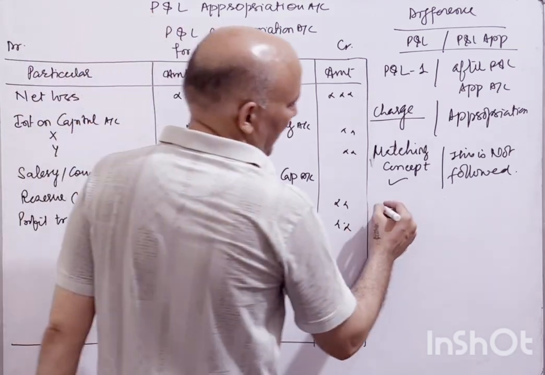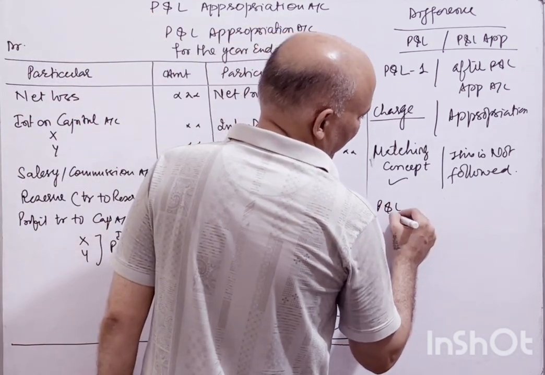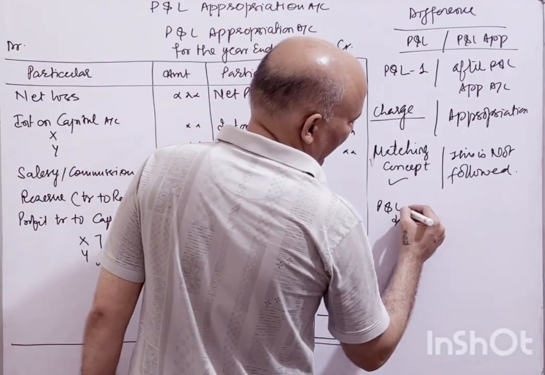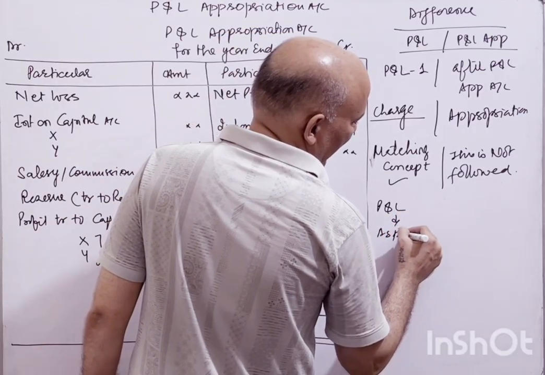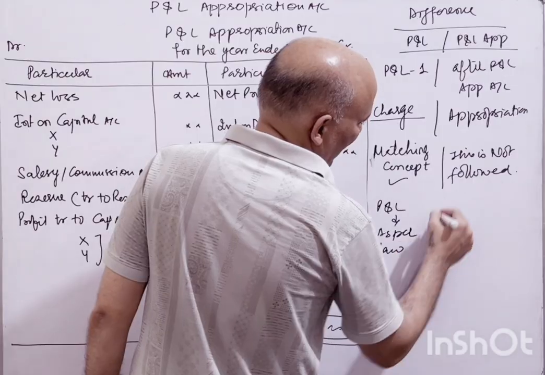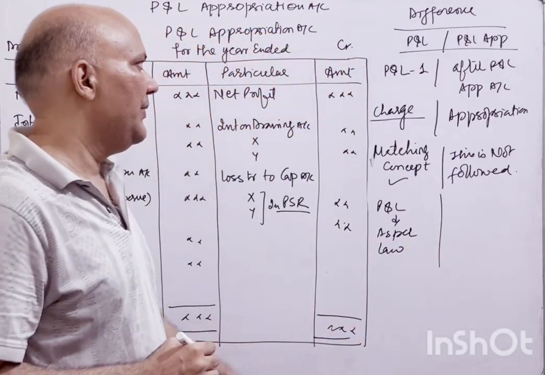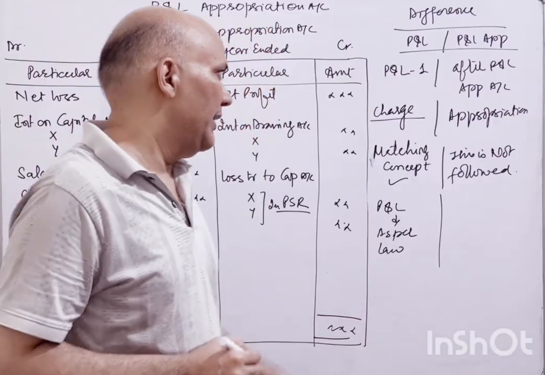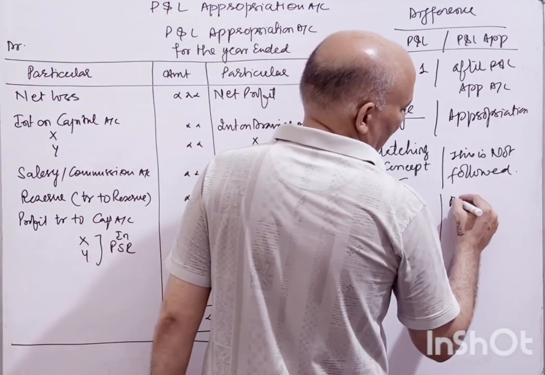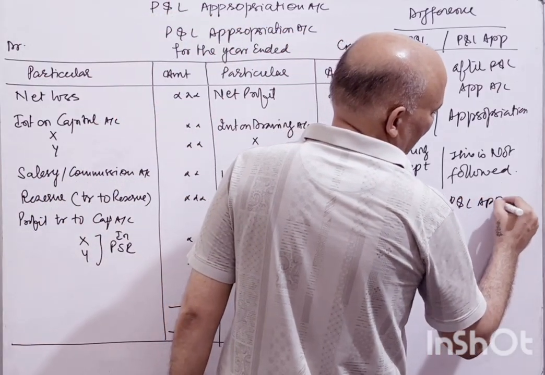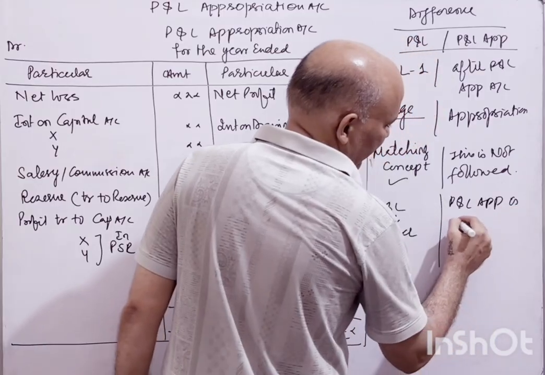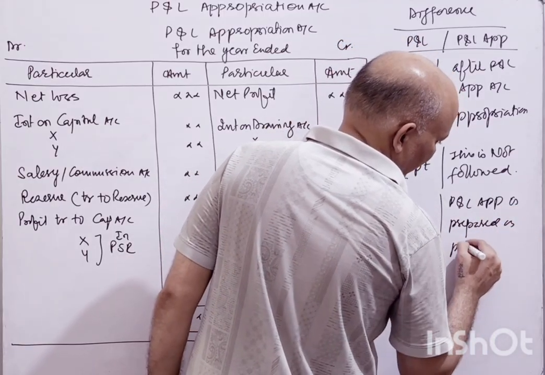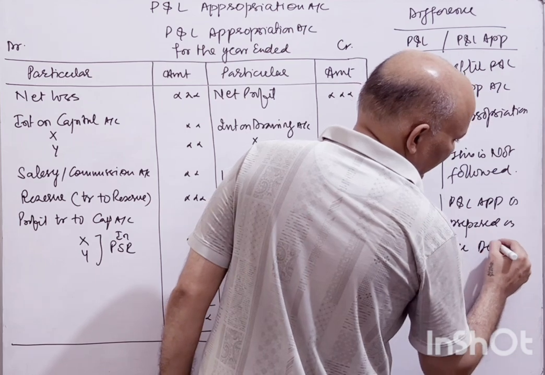Profit and loss account is prepared as per law, whatever the law is there, accordingly we have to prepare. But profit and loss appropriation account is prepared as per deed.